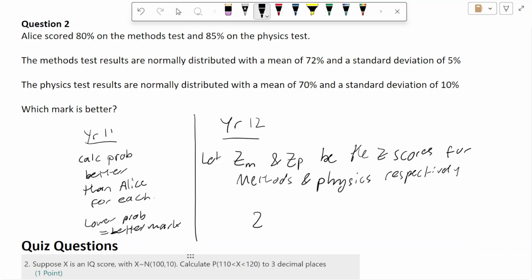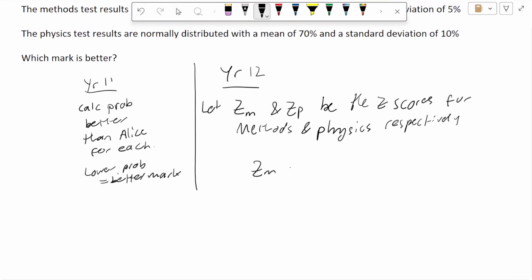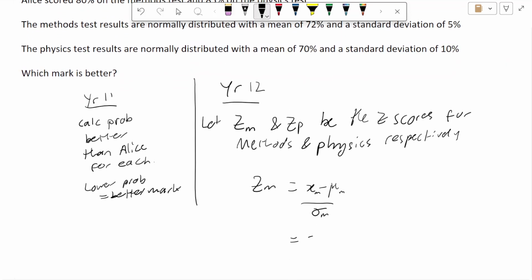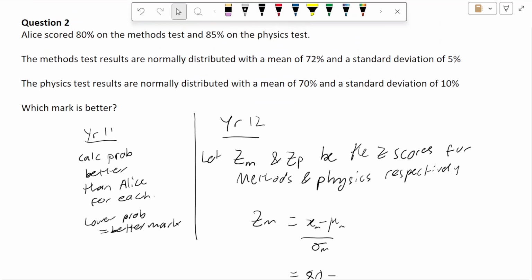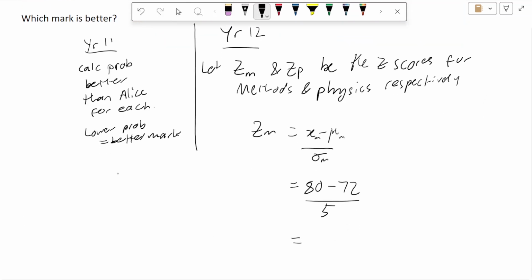Z for methods is the X value, take the mean, over the standard deviation. She got 80% on the methods test. The mean for methods was 72. We're dividing by the standard deviation of 5. So this is 8 over 5, or 1.6.